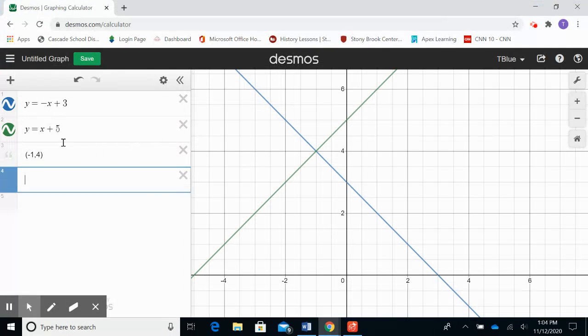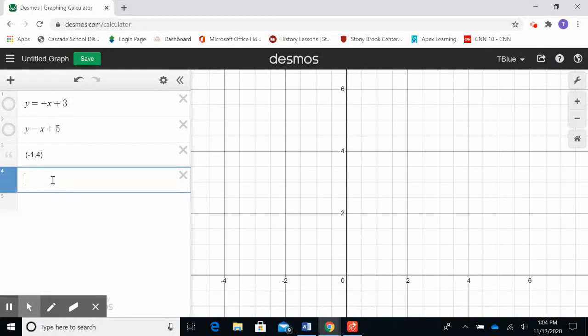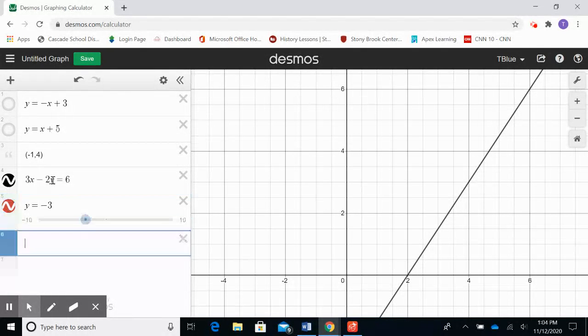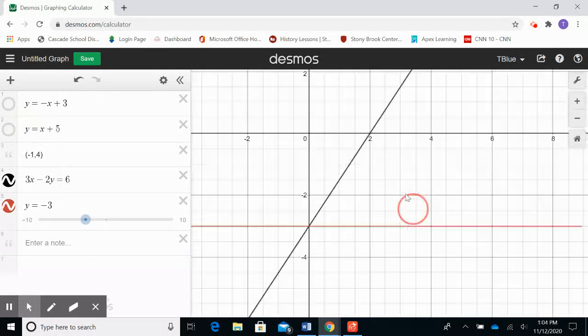So I'm going to blank these out so I only have to look at mine. X minus 2y equals 6, and y equals negative 3. Let's see where those cross.